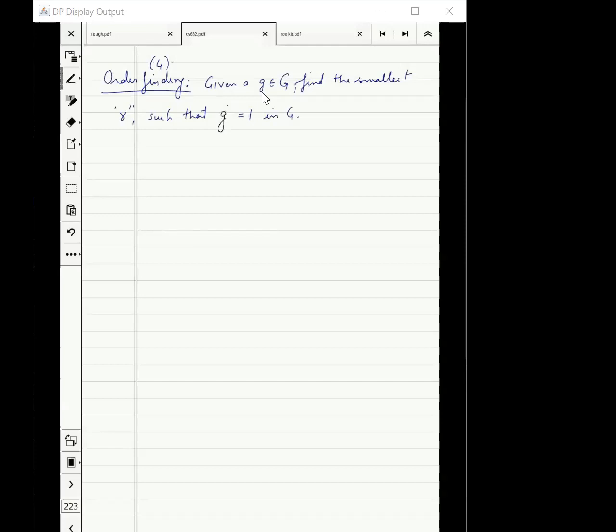So does R need to exist for every group G and every element small g of capital G? No. For example, let the group be Z, the operation be addition, and the element be 1. Then R does not exist.